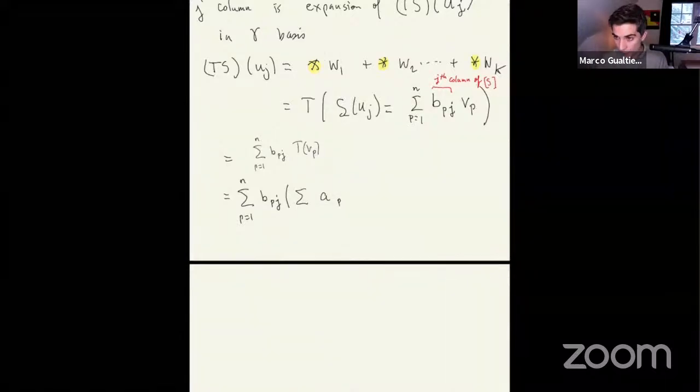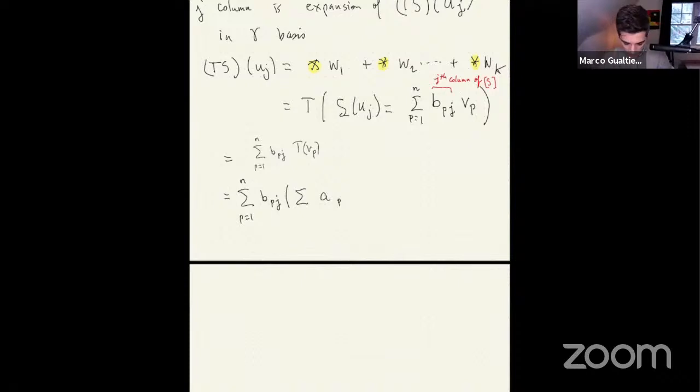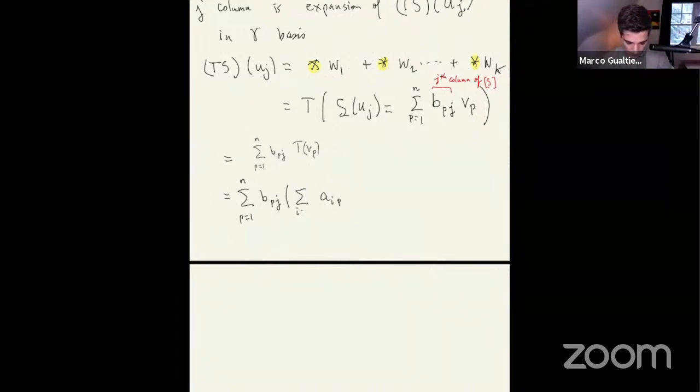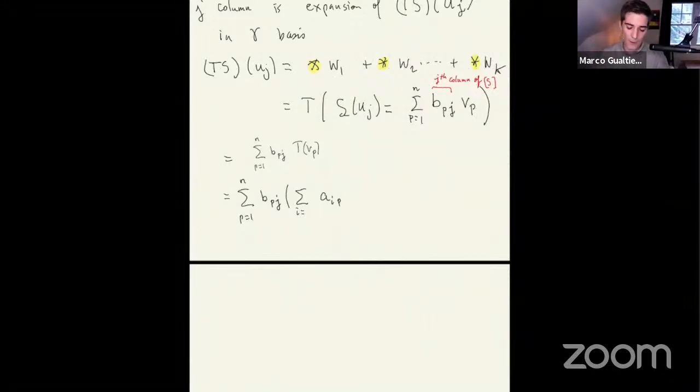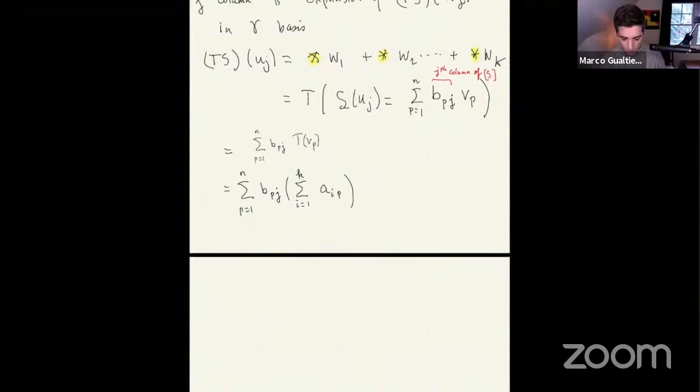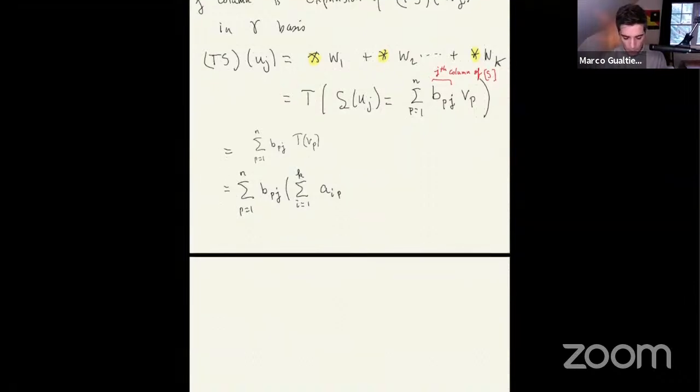And I'll use I as a summation index, summing over the basis for the final codomain, from 1 to k. And what is this? T of Vp is expanded in terms of the basis.